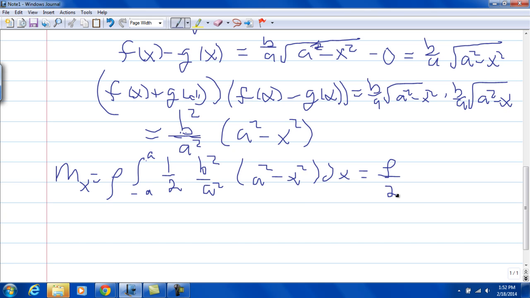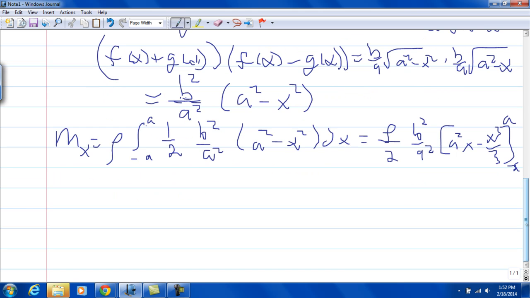I'm going to pull out the b squared over a squared as well. B squared over a squared times what? A squared x minus x cubed over 3 from negative a to a.